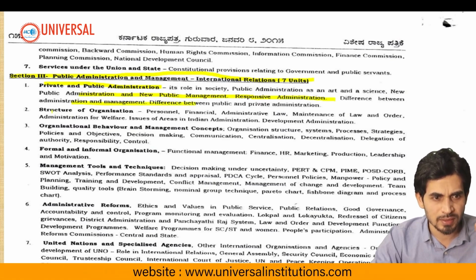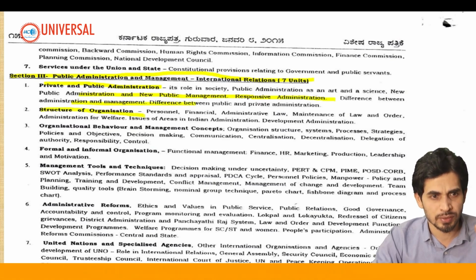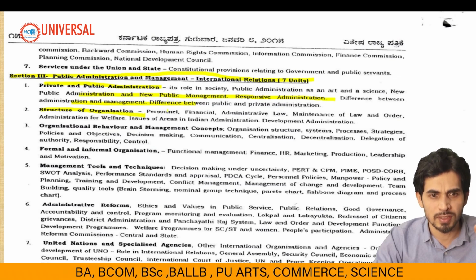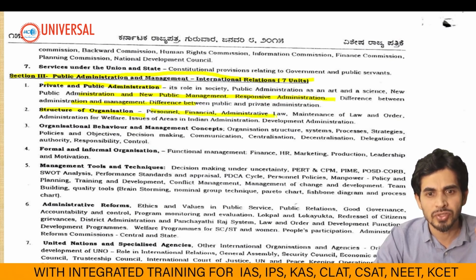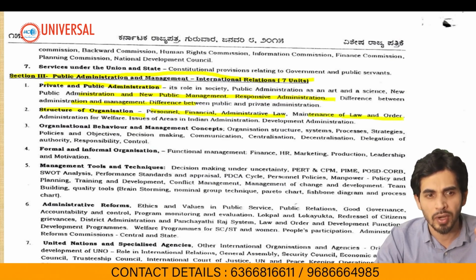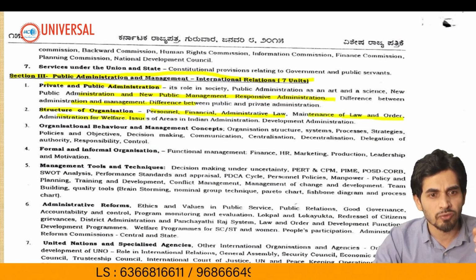But look at this. The second unit is structure of organization, and under this heading they're talking about personnel, financial and administrative law, maintenance of law and order, administration for welfare.